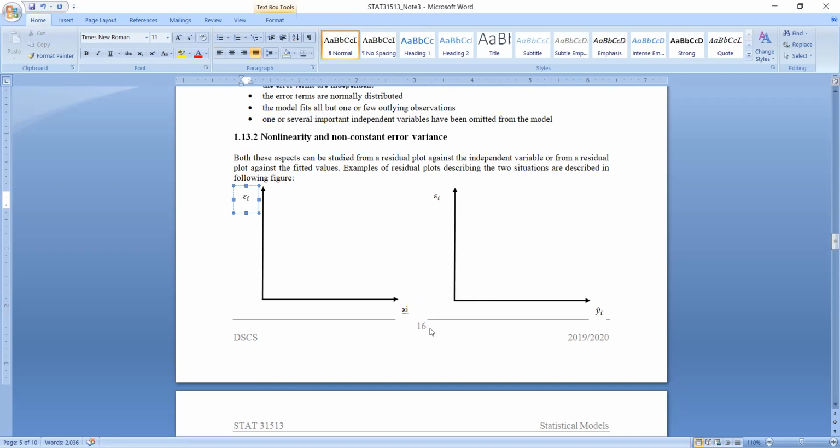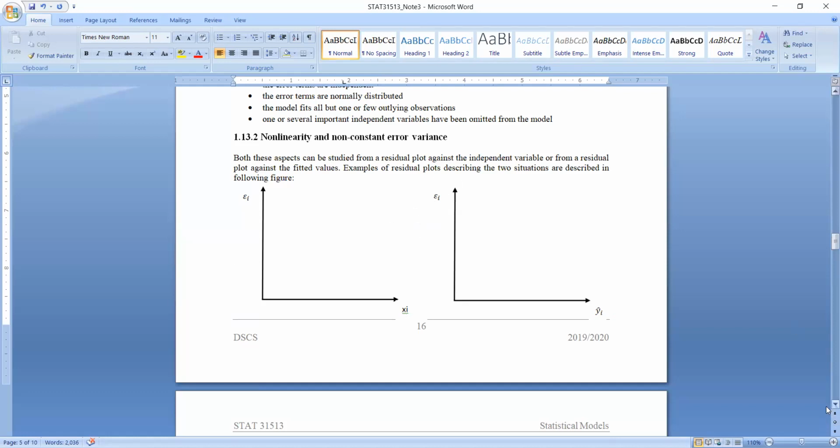So in this case, any graph you use, these graphs are known as residual plots. So for the residual plot, for the x-axis, you can take x, or you can take y hat values, right? But for the y-axis, you have to take the error values, the residuals.